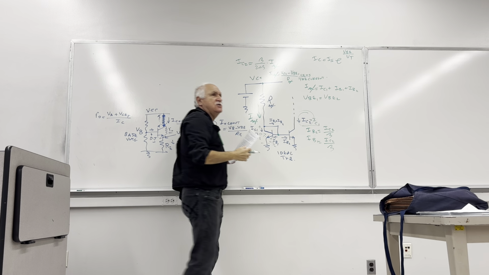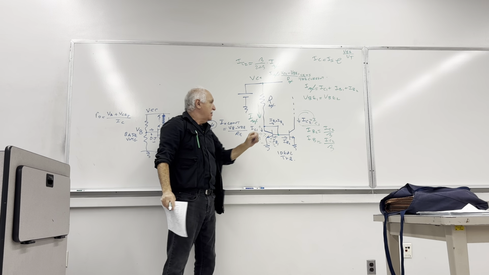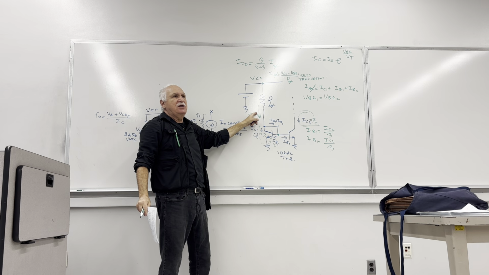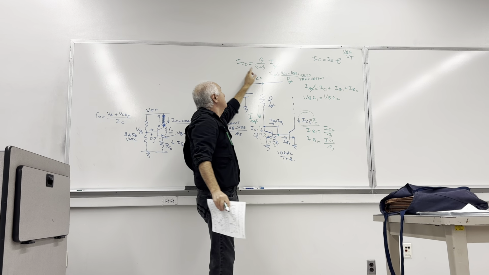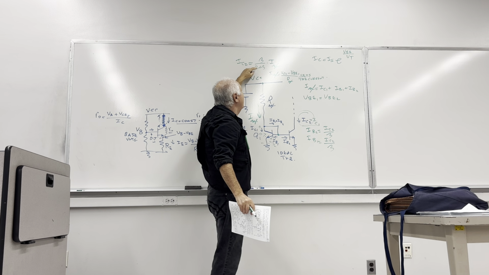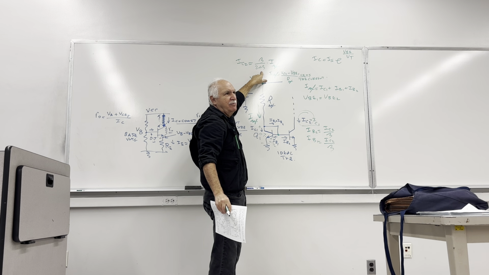So we can create a current in this path, which is a copy of the current that is coming in this side. That is like a mirror image, assuming IC2 is equal to Iref, assuming beta over 2 plus beta is almost equal to 1, because beta is usually a large number.